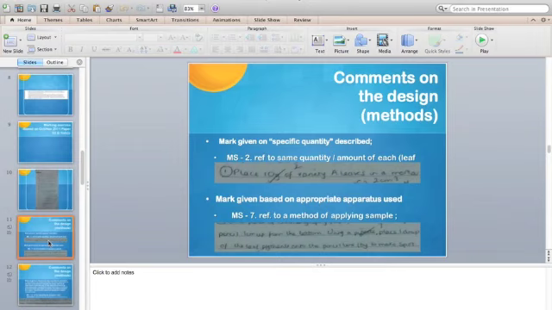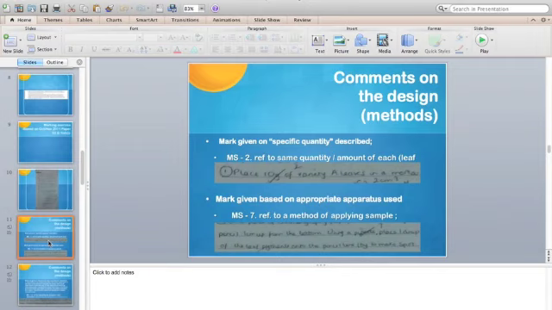Point 2 refers to using the same quantity of each leaf extract that is used here. Let's look at how the marking is given, directly on the quantity that is written there. So I believe there's a huge weight on specifying quantity for the variables here.